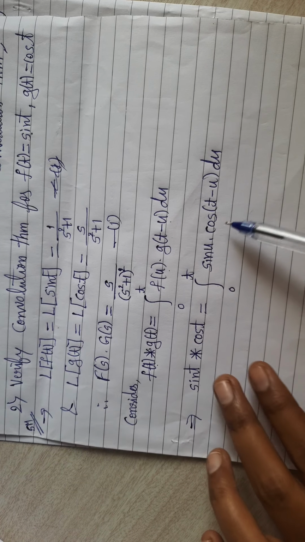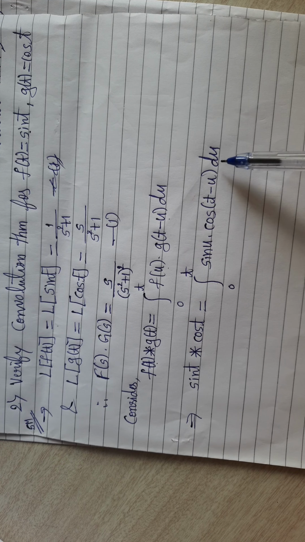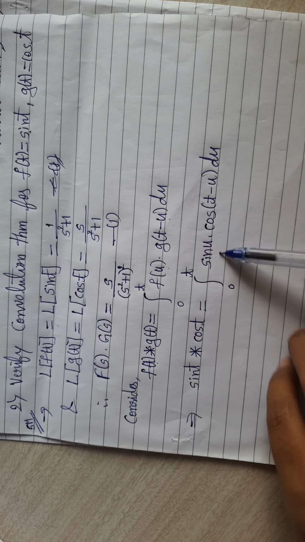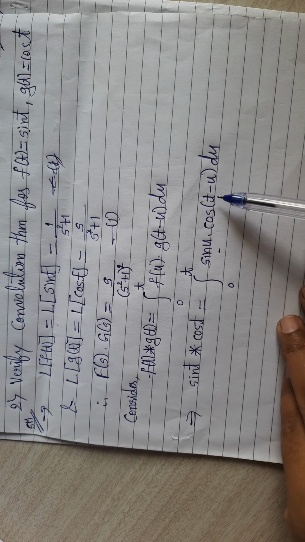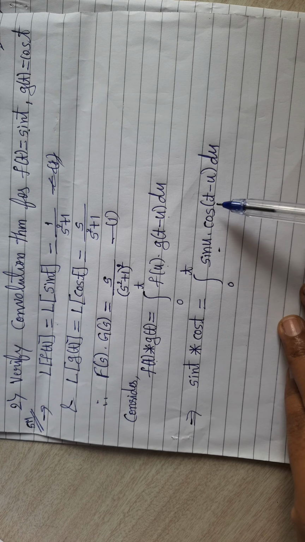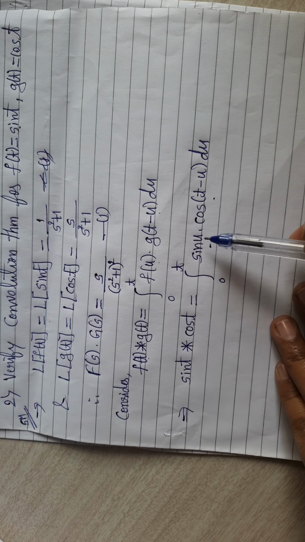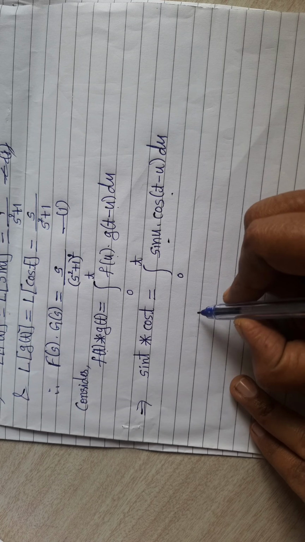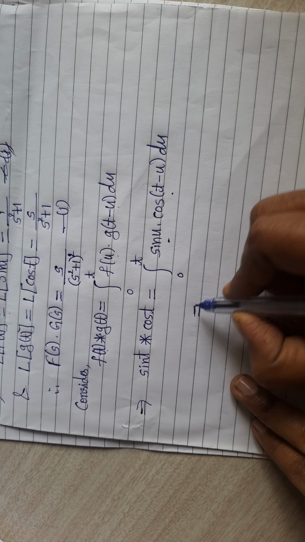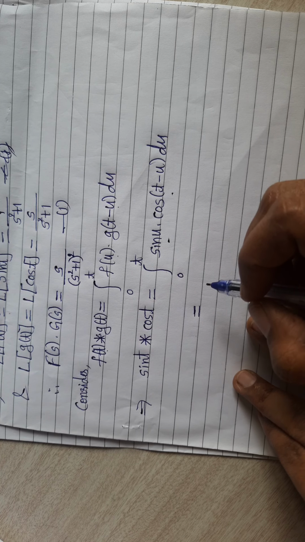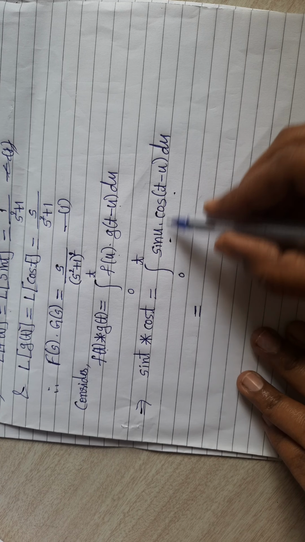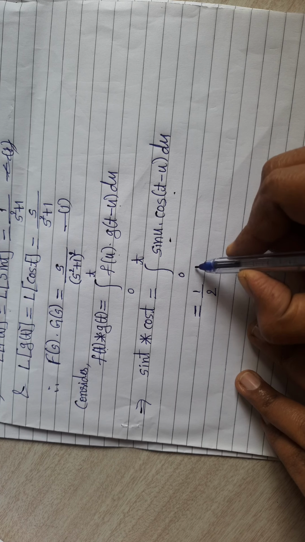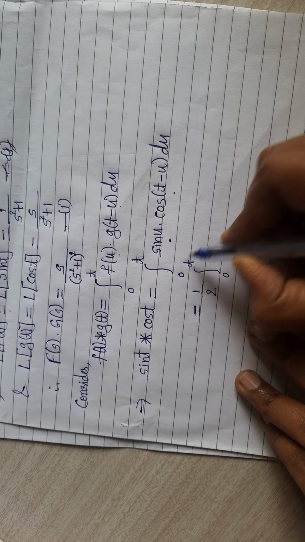Now we have integration with respect to u, and a product of sin and cos is there. So you can apply the sin a cos b formula. Sin a cos b is 1 by 2 times sin of a plus b plus sin of a minus b. A is u, b is t minus u. So apply that formula. You must remember all the trigonometric transformation formulas. So I'll write 1 by 2 outside the integration. Then integration from 0 to t.